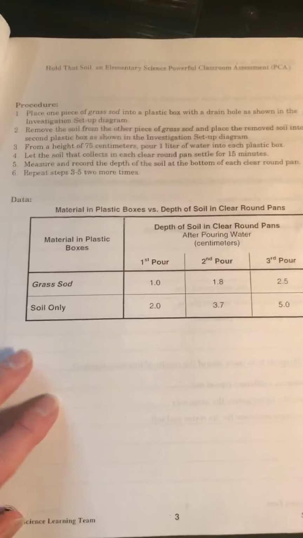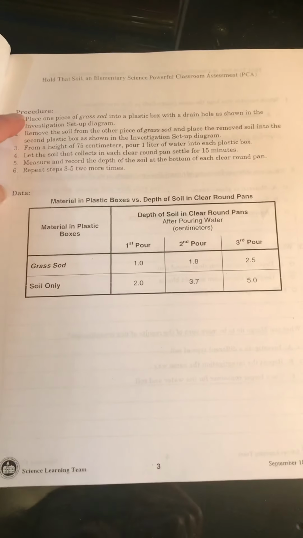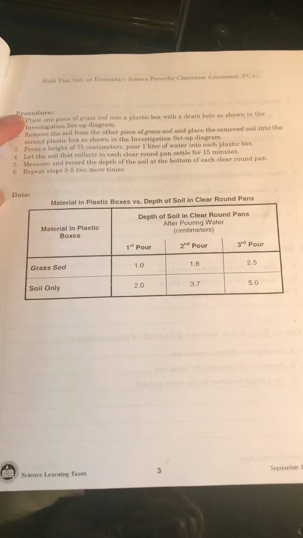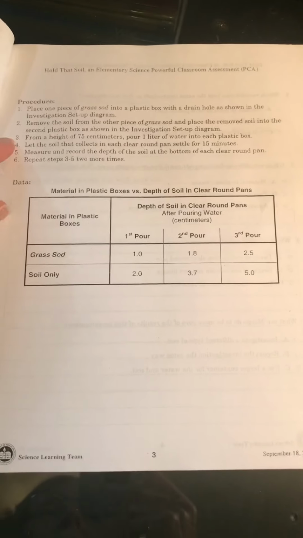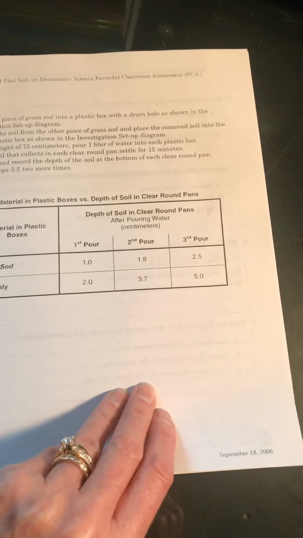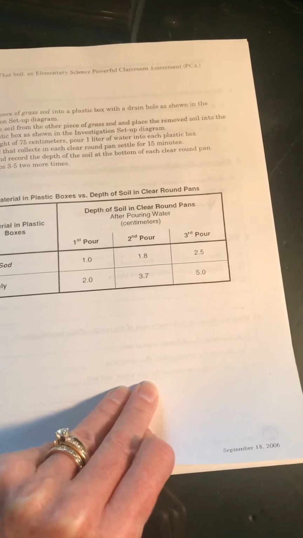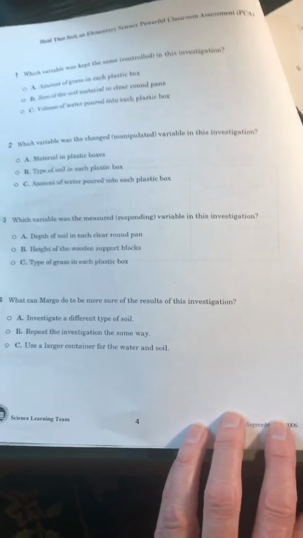And then take a look at the procedure. See if you can identify the independent, dependent, and controlled variables in the procedure. Study the table. Now this one doesn't have averages, so it's set up a little bit differently, so study that. And then there's going to be some multiple choice questions for you.